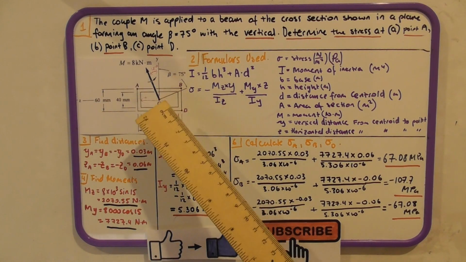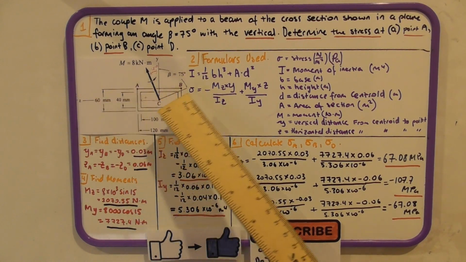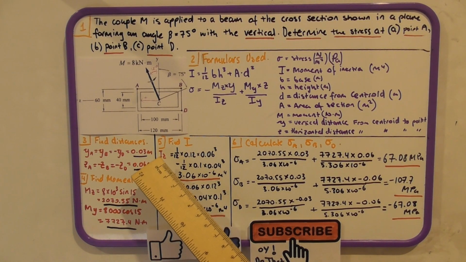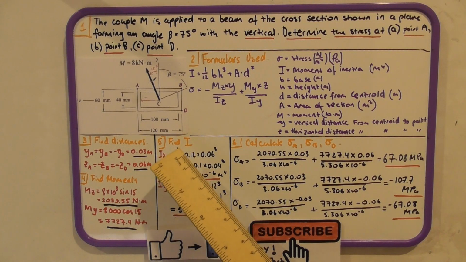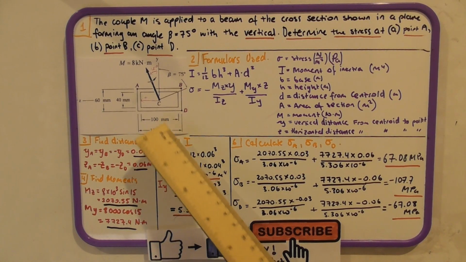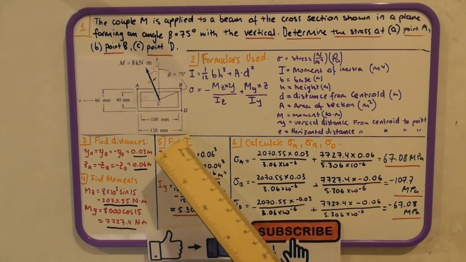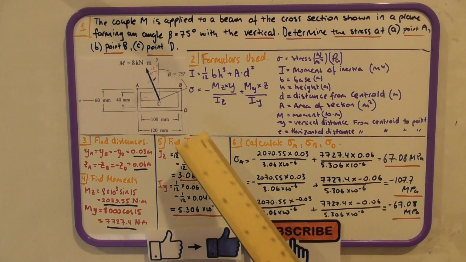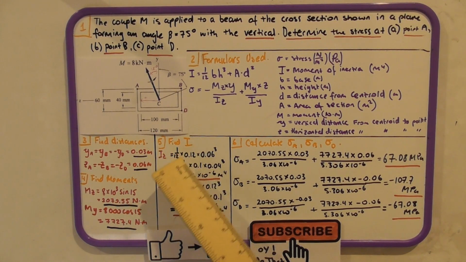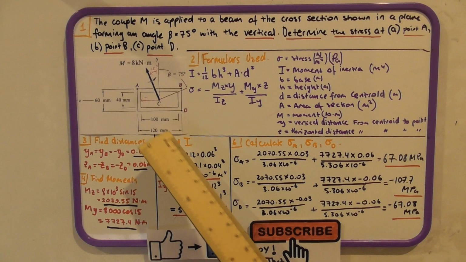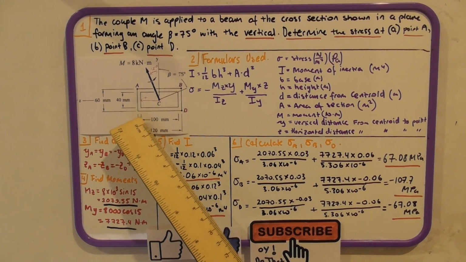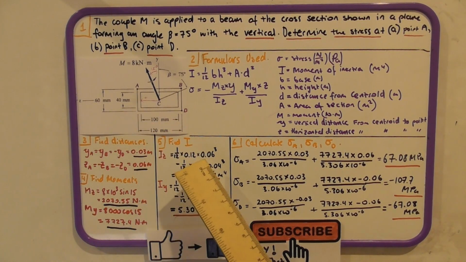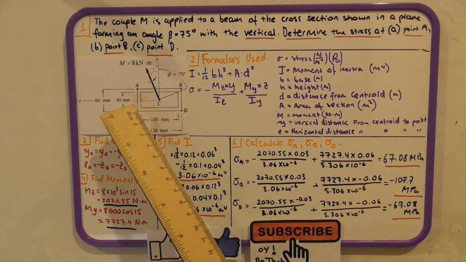Since it's not a solid, not a filled in shape, for moment of inertia about Z, we have 1/12 base 0.12 times height 0.06 to the power 3 minus 1/12 times 0.1 meters times 0.04 to the 3.